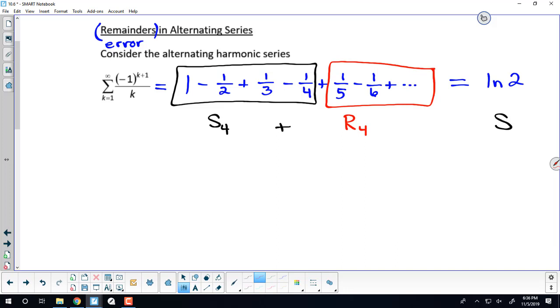So R sub 4, the remainder, when we use 4 terms to sum that series. So the 4th partial sum plus the remainder is equal to the sum. We're just using this as a specific example, but we can rearrange this and say that the actual sum minus the 4th partial sum is the remainder, or the error in using 4 terms to describe that series.